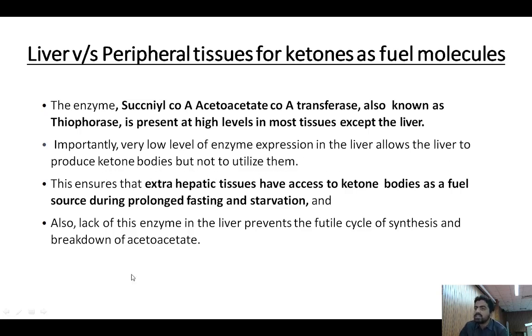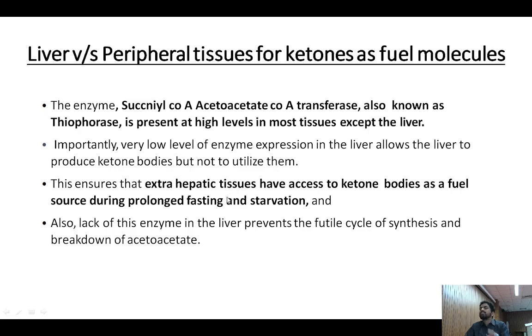What will happen if ketone body is produced in liver and it keeps getting utilized there? Then it cannot be utilized by the extrahepatic tissue for energy purposes, right? This ensures that extrahepatic tissues have access to ketone bodies as a fuel source during prolonged fasting and starvation, because of the absence of the thiophorase enzyme in liver.